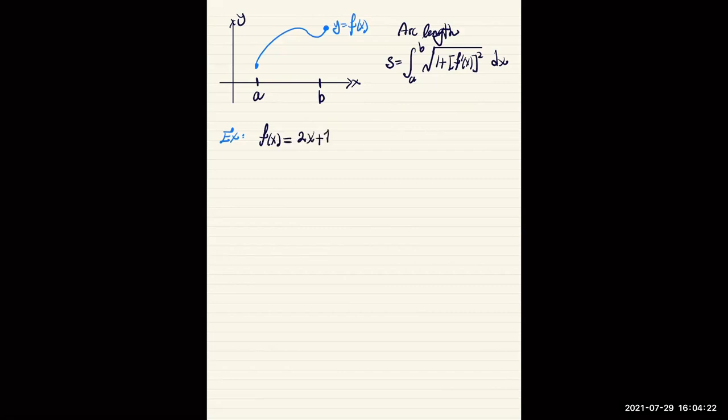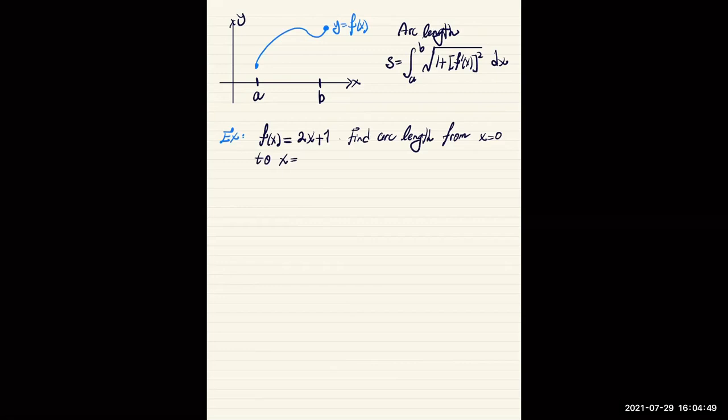Okay, and you want to find the arc length. It's a line, right? Find arc length from x equal to 0 to x equal to, let's say, I don't know, 2.